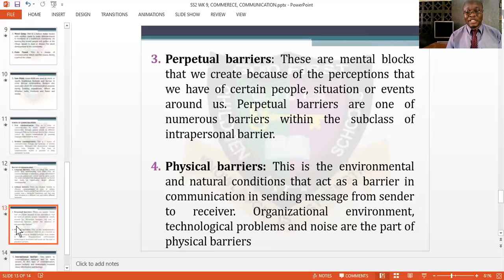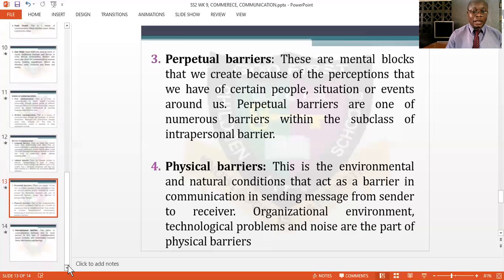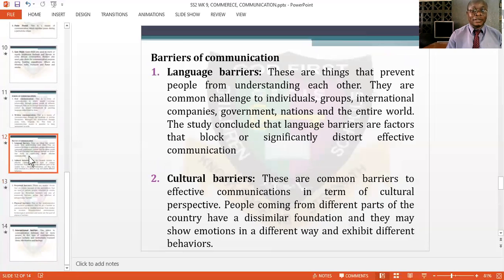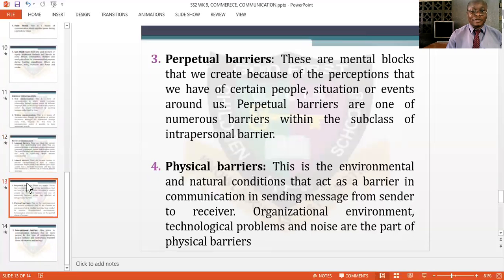And we also have the physical barrier. This is the environmental and natural condition that acts as a barrier in sending message from sender to receiver. Organizational environment, technological problems, and noise are part of the physical barriers.